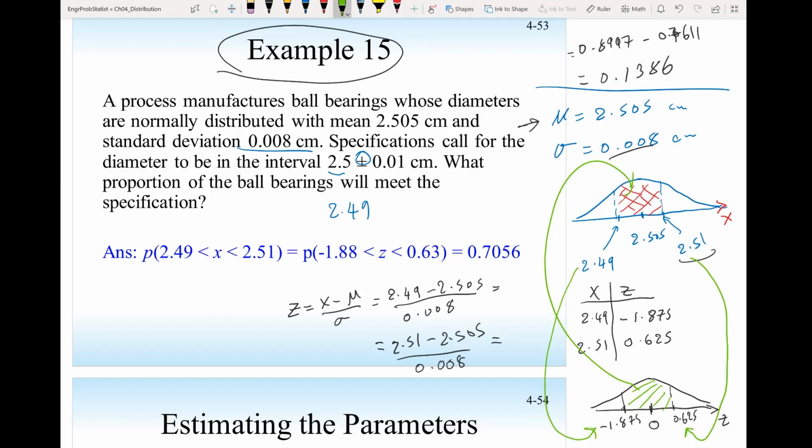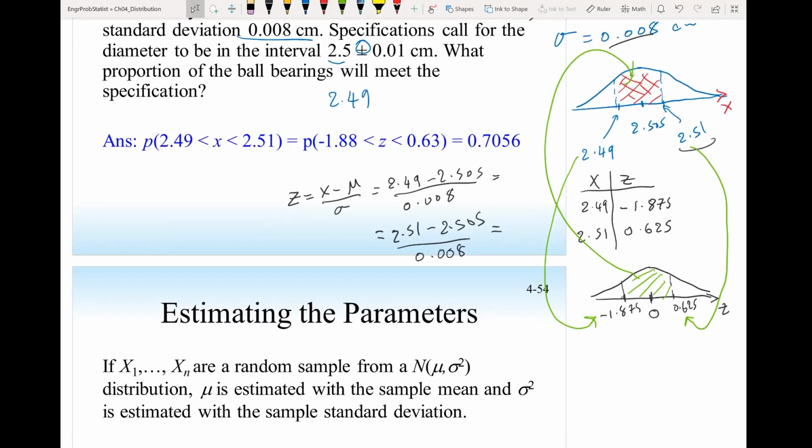Now I can use the table and find the probability. So the probability x larger than 2.49 and less than 2.51 is the same as the probability z larger than minus 1.875 and less than 0.625.